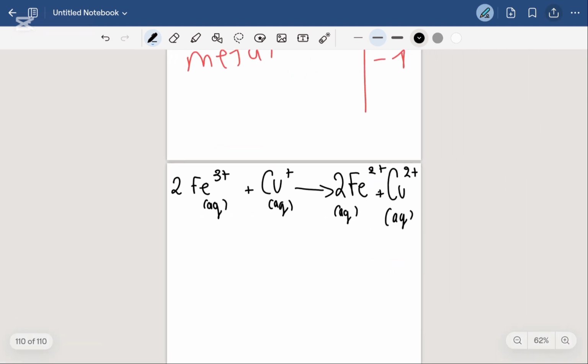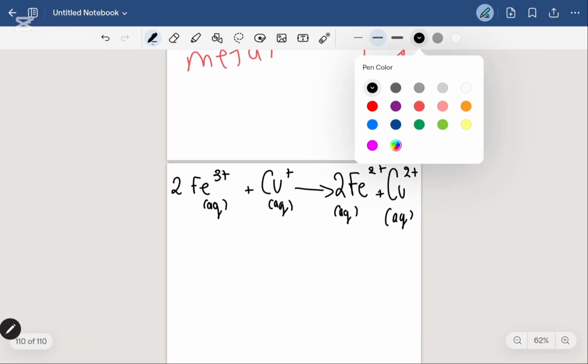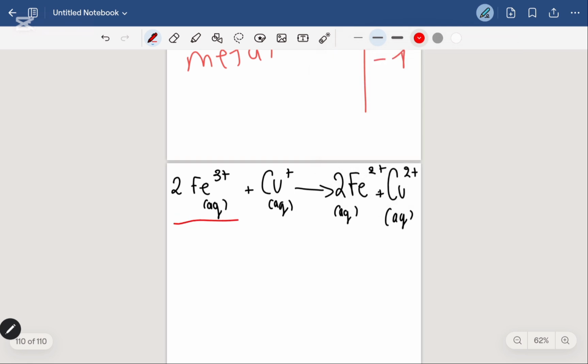Now, let us discuss this redox equation. If you notice, Fe3+, okay, forget the number of moles, you never take into consideration the number of moles. Fe3+, its charge is 3+ on the reactant side. However, on the product side, its charge became 2+. So what happens?